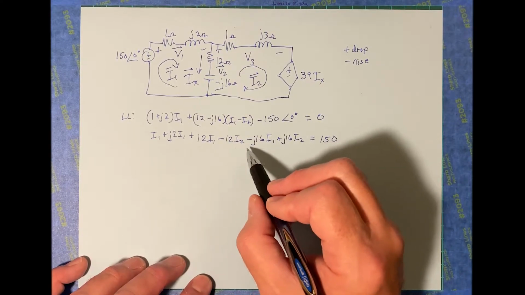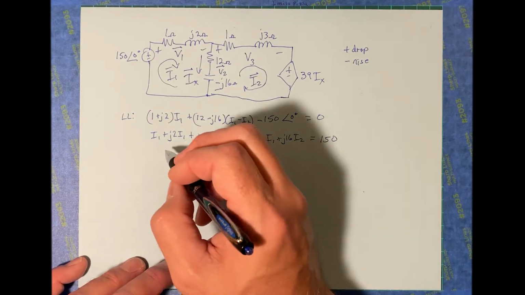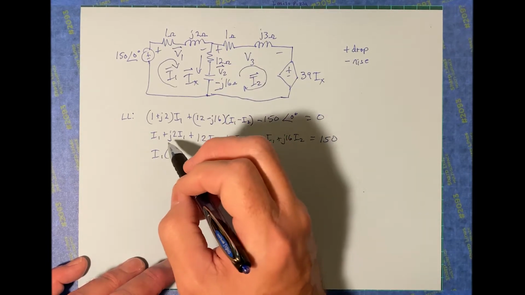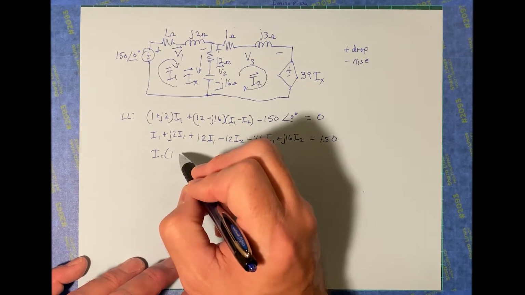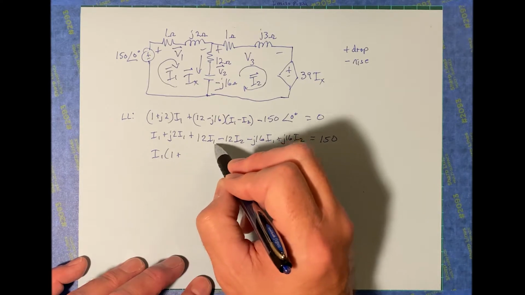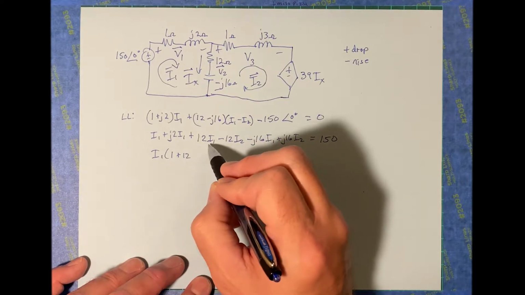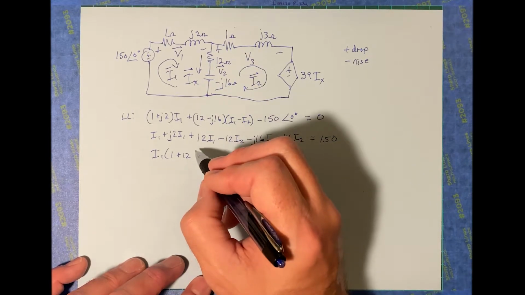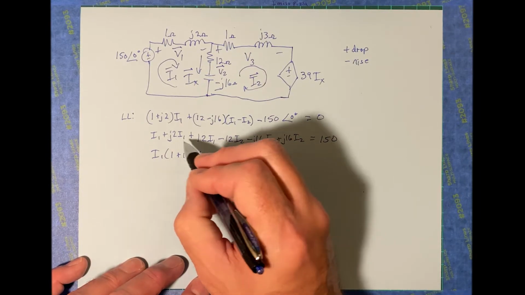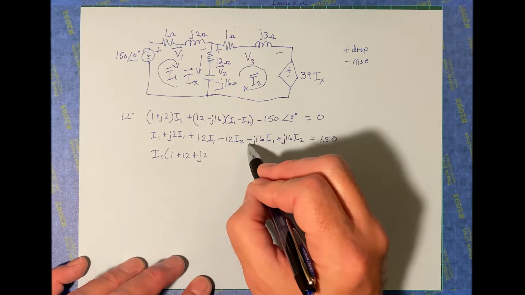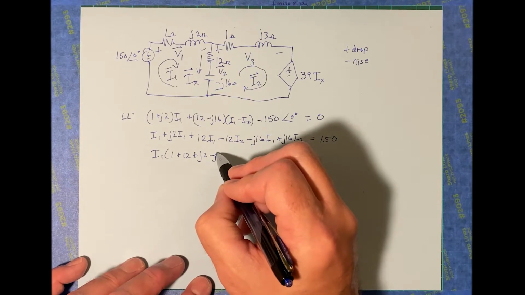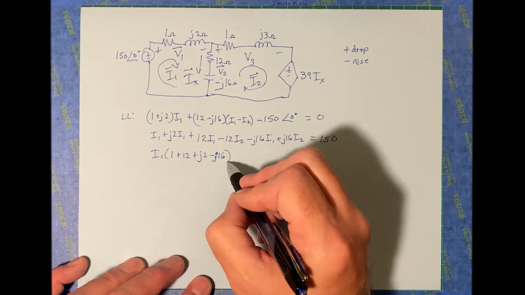Okay, well, I've got I1 and I2 stuff, so let's put it all together. I1, I'm going to have 1 plus, there's a 12. I'm trying to find all the real terms first. That's it. And then I'm going to have a plus J2 and minus J16.